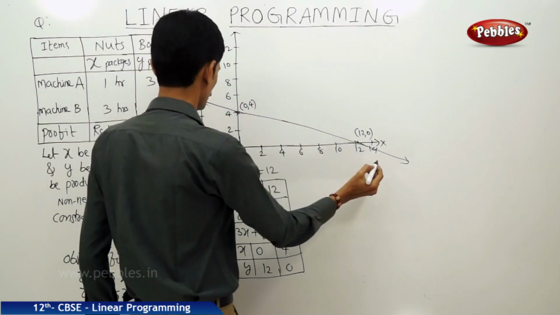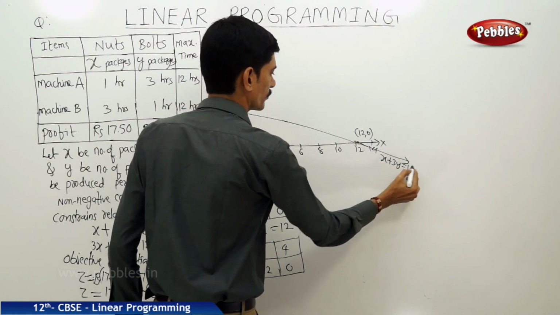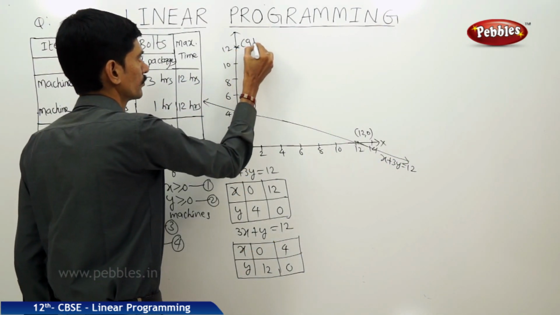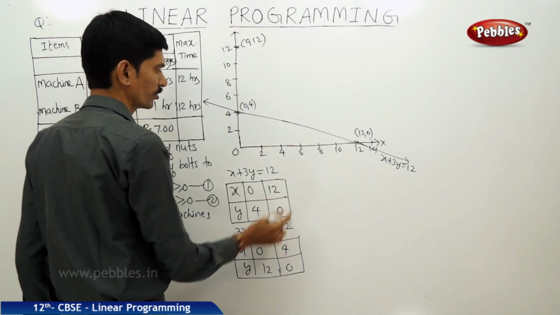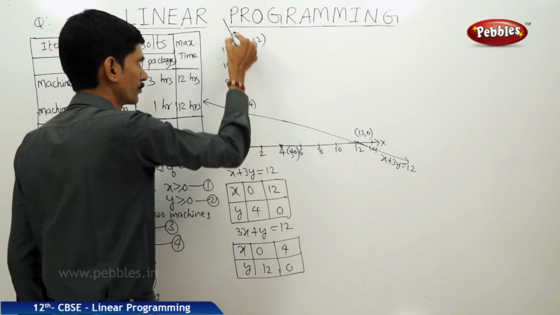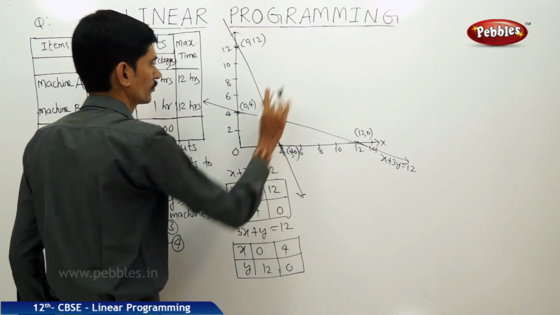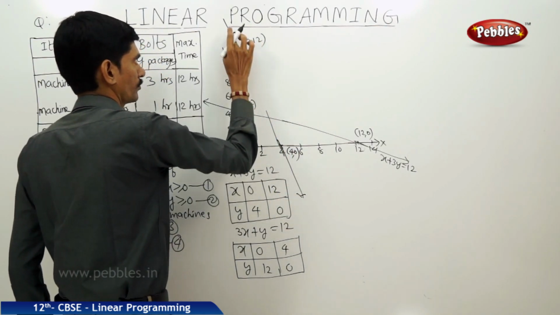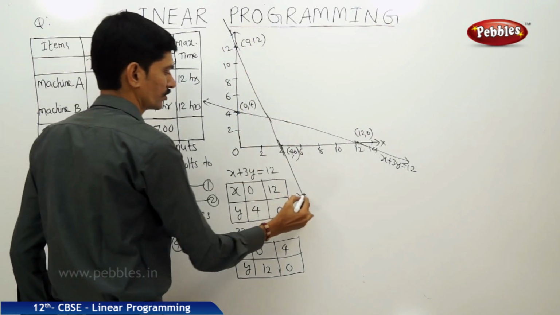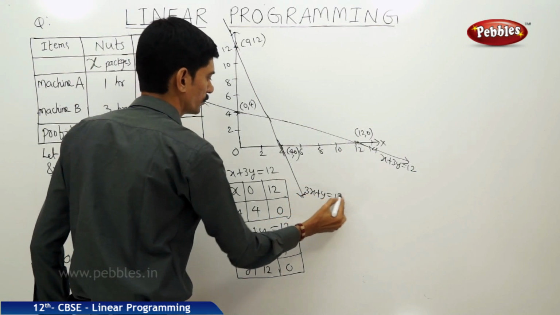Now this is x plus 3y equal to 12. Next one, 0, 12 and next 4, 0. So this is 3x plus y equal to 12.